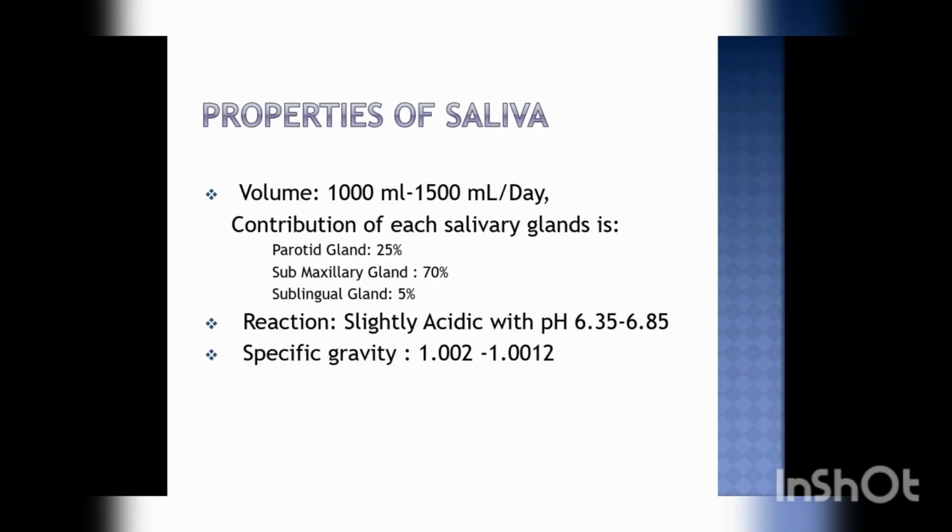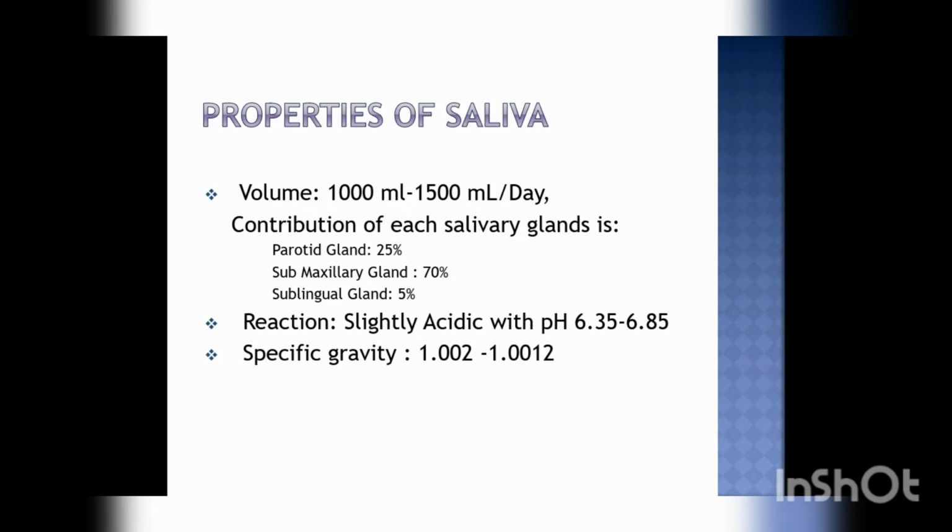Now, properties of saliva. Saliva volume is 1000 to 1500 milliliters secreted from salivary glands per day. Contribution of each salivary gland: parotid gland contributes 25%, submaxillary gland 70%, sublingual gland 5%.